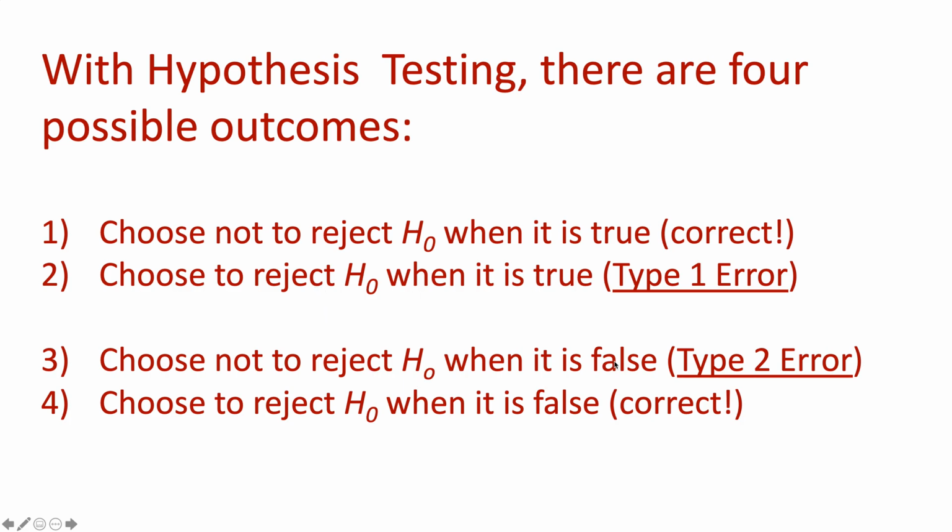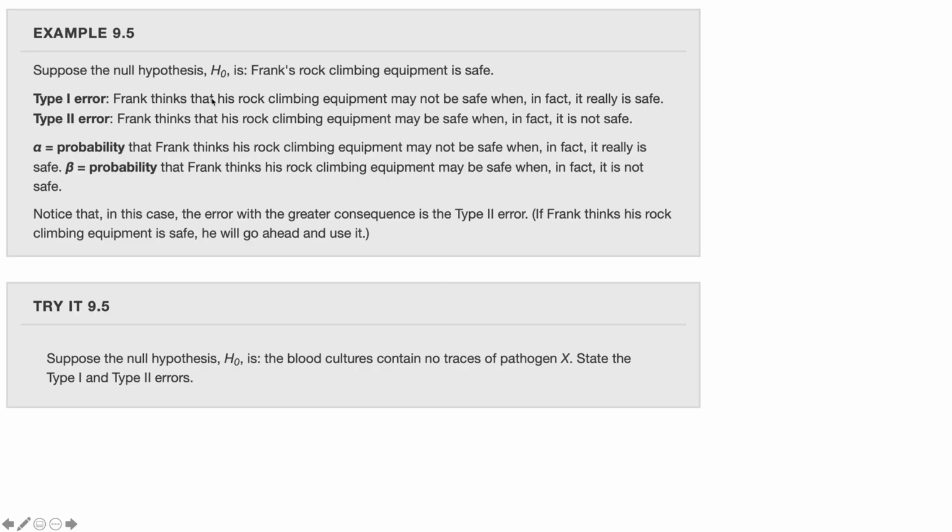A type 2 error occurs when it's false, and you choose not to reject it, okay? So the type 1 error occurs when Frank thinks his rock climbing equipment might not be safe, but it is really safe. The null statement is that it is safe. And assuming that's true, he would be making an error saying it's not safe when it really is, okay?